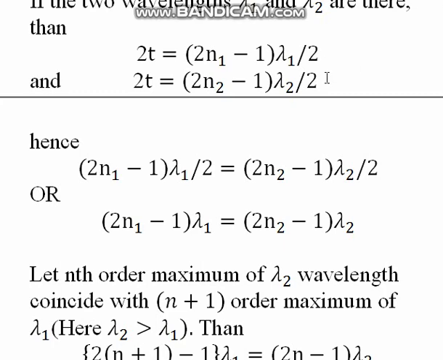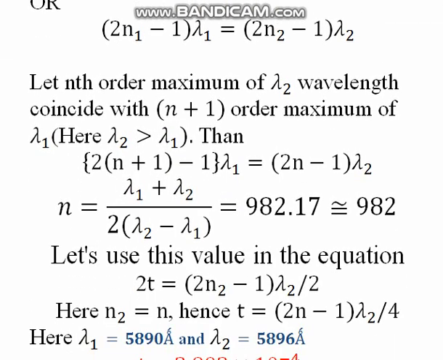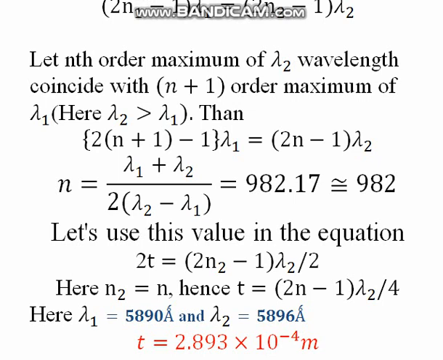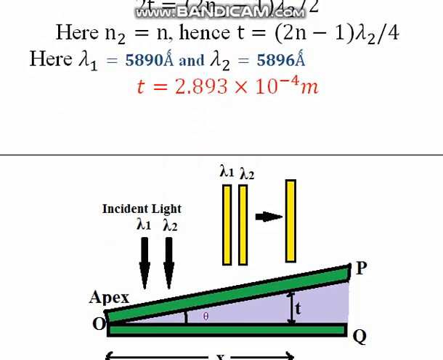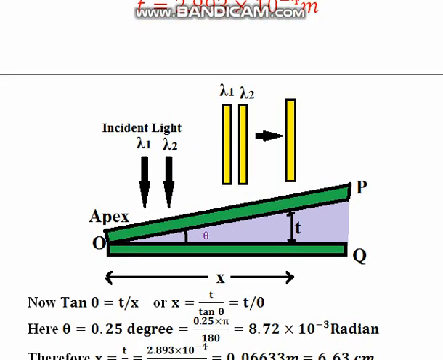Here we obtain these two equations, so let's put the value of n in one of them. Here n2 is equal to n, hence we solve this equation for t. In this way we obtain the t value by putting in the lambda 1 and lambda 2 values. So t is calculated.